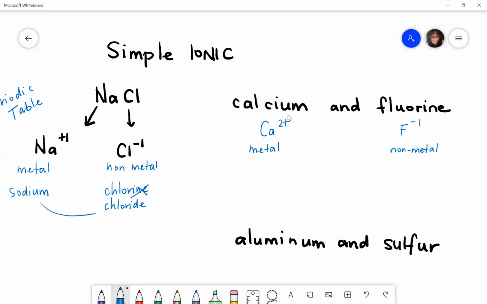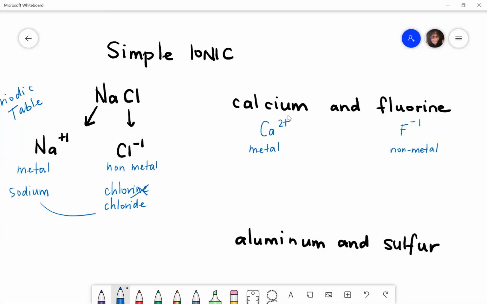From group 2, we know that this is a positive cation of calcium because it has lost 2 electrons, whereas our fluorine, F- or F-1 from group 17, shows us that this is an anion because it needs to gain 1 more electron to form the stable octet and be balanced. It wants that outermost valence level to have 8 electrons so it is stable, when we draw those Bohr-Rutherford models to represent the ion.